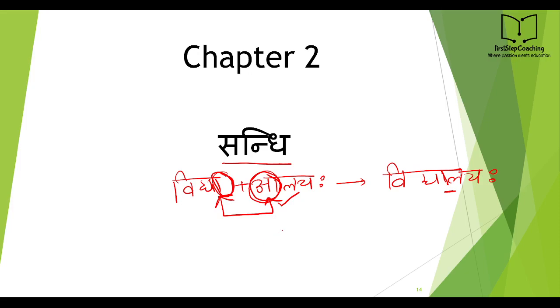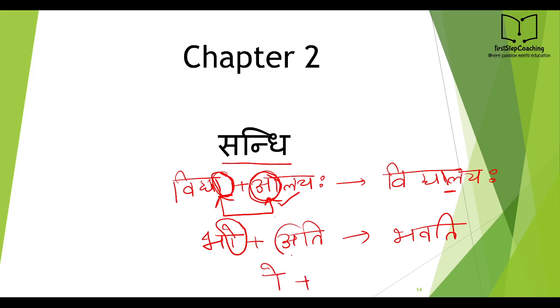So let's see an example where the change is happening in the first word. So we have a word like bho plus ati, which becomes actually bhavati. Now the first word was having o ki matra in the end, and there was a in the starting of the second word.